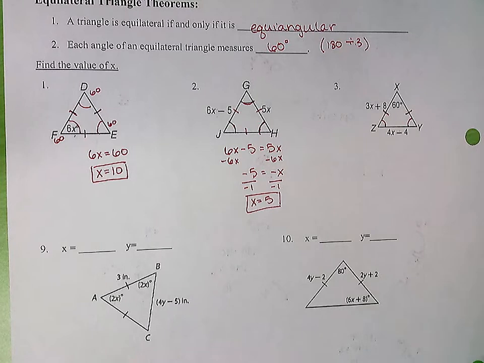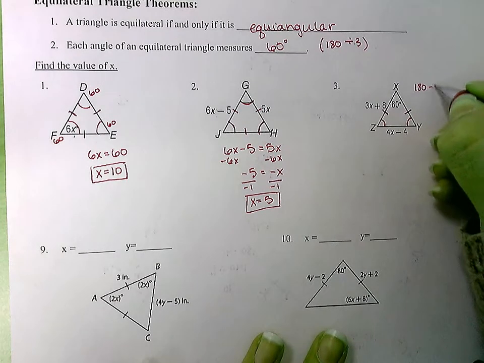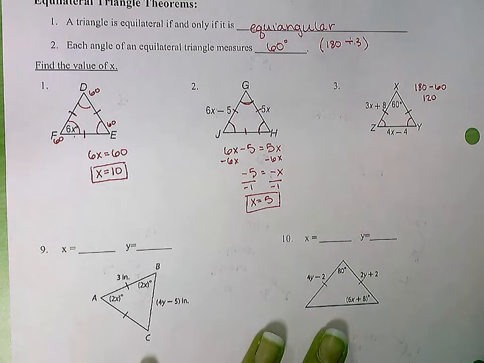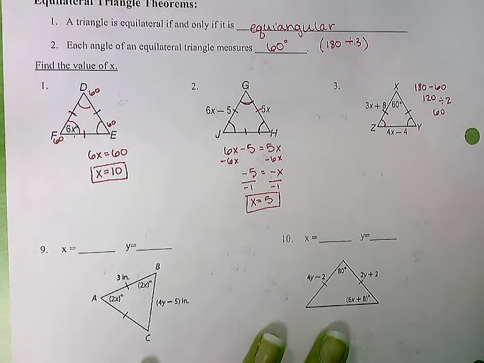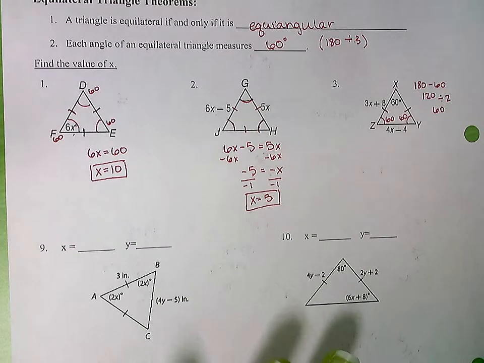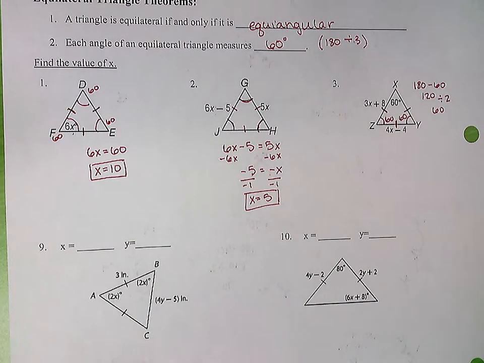So if I wanted to find those, I would take 180, subtract 60, right? That's 120. And that divided by 2 is 60. So since both of these angles are also 60, that would make that an equilateral triangle. So that means this side is equal to the other two.